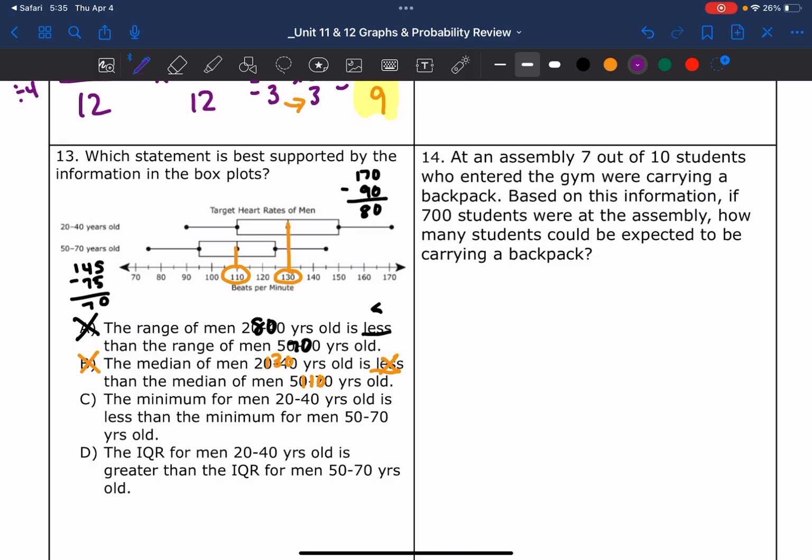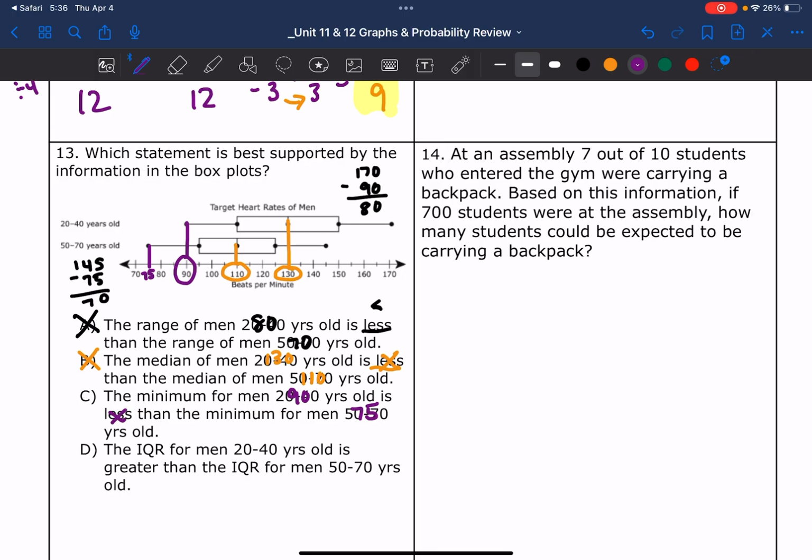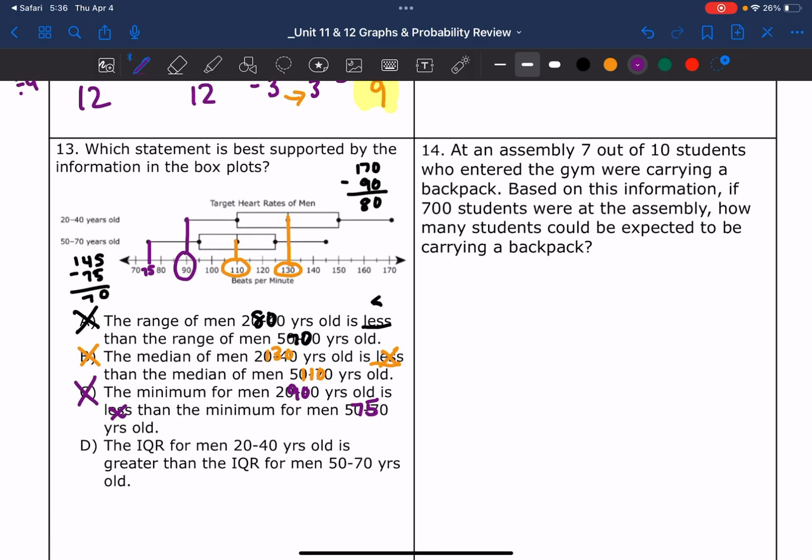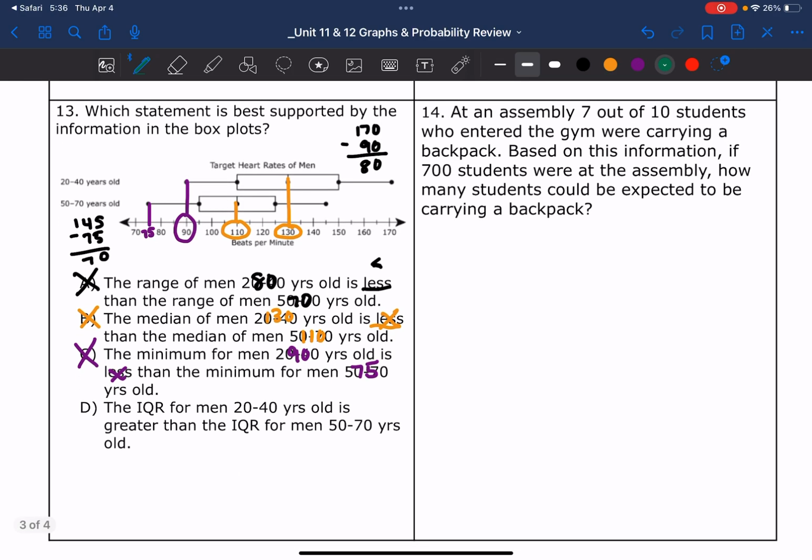Let's look at C. The minimum for 20 to 40 is 90. The minimum for 50 to 70 is right here in the middle, so that is 75. And again, 90 is not going to be less than 75. So it cannot be C either. Let's now look at the last one. We're talking about IQR. Remember, IQR is Q3 minus Q1.